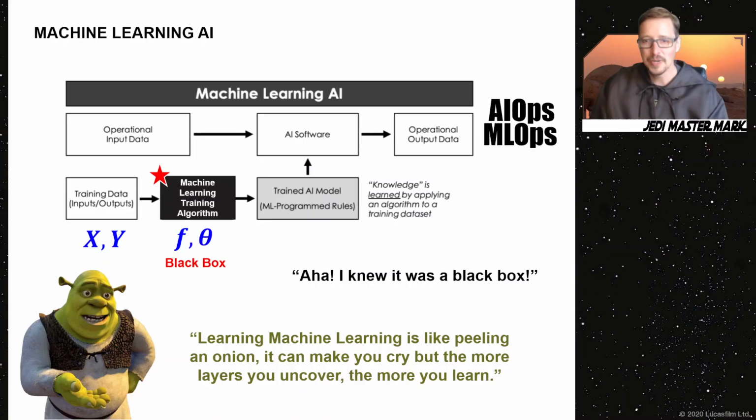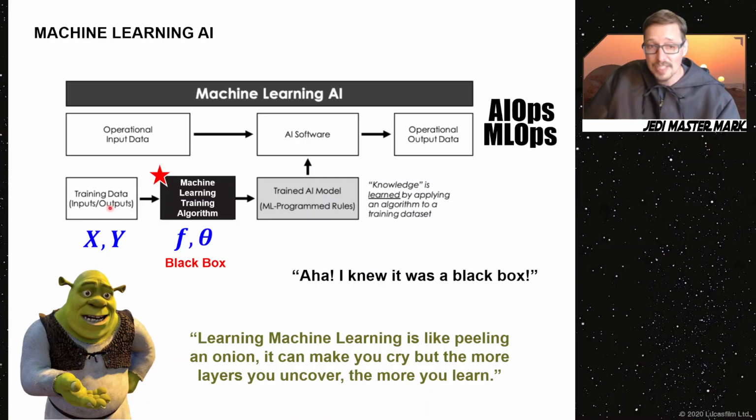What we're going to cover here, when you look at this whole machine learning, artificial intelligence picture, is that this top row shows how it's being applied in an operational context, but we're going to cover this bottom row, which is the training data.